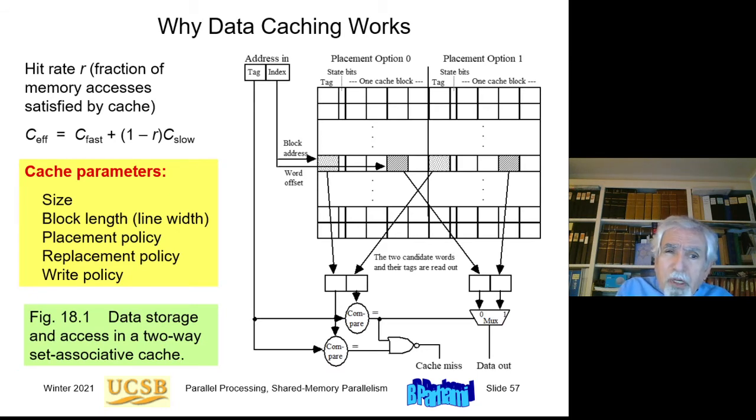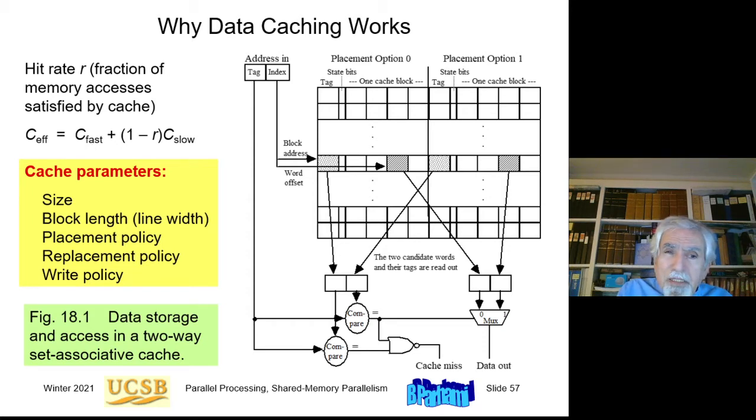Okay, so caching works, and this is something you should know from your computer architecture courses, because the effective access time to the memory will equal the access time to the fast memory, the cache, plus 1 minus R times the slow access time. R is the hit rate. So if the hit rate R is 95%, only 5% of the time we have to access the slow memory, and basically 95% of the time we find the data in the fast store.